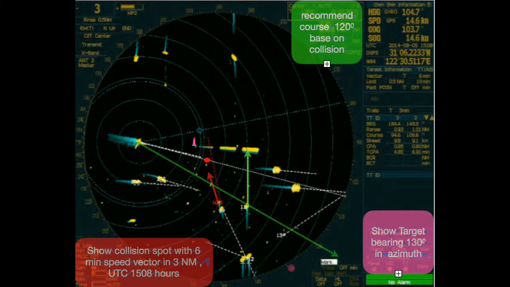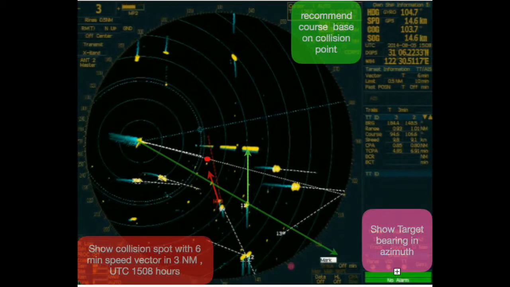And there's one more thing in this picture we must ask for: the target's bearing in azimuth, which is the purple spot on the bearing of about 130 degrees. This is the bearing of this tugboat.